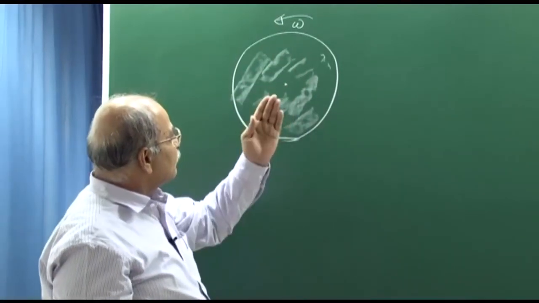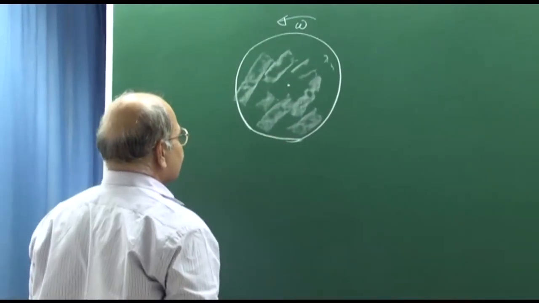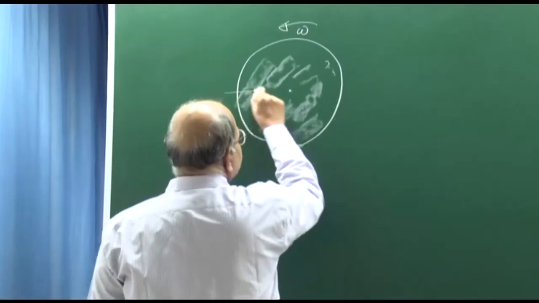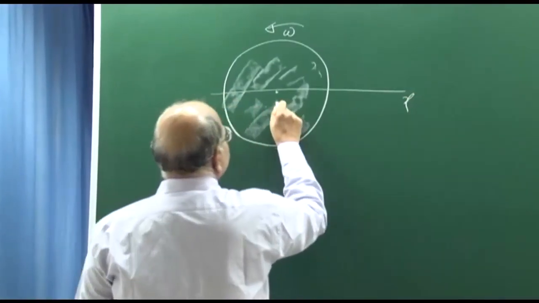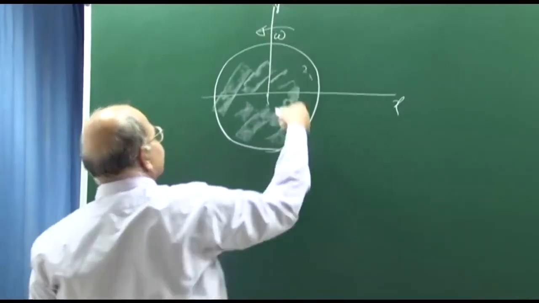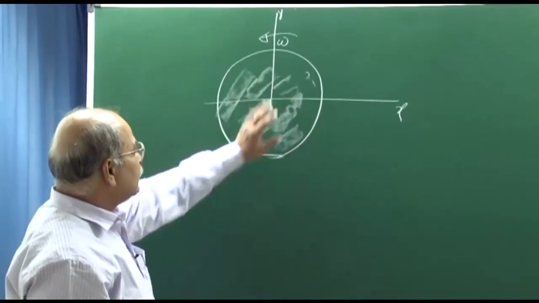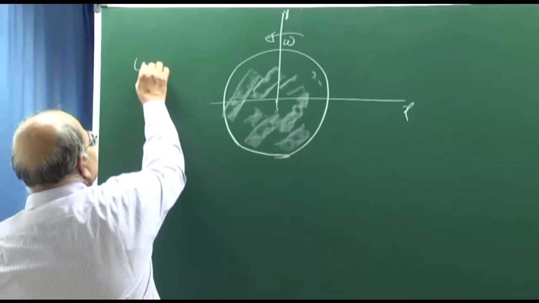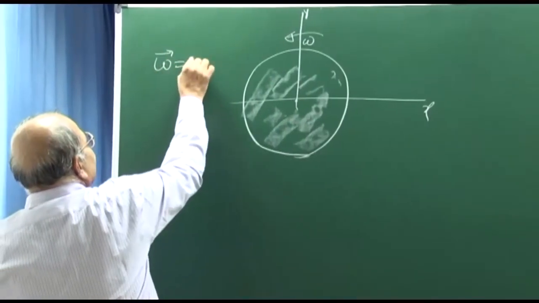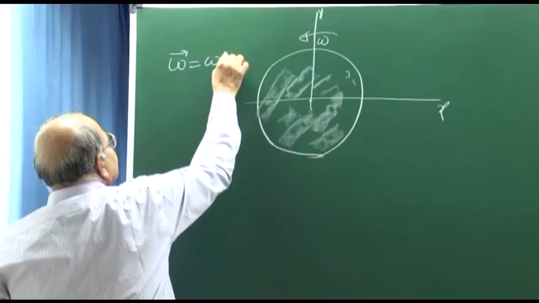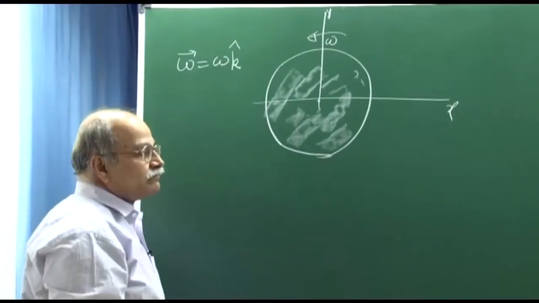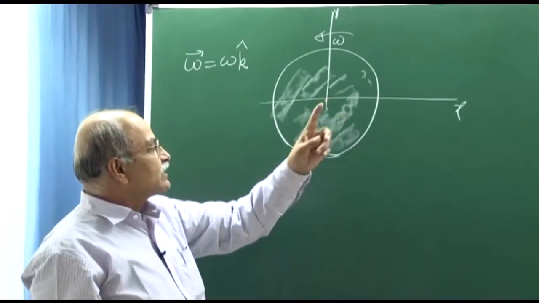You can take this as the x axis, then this as the y axis, and the z axis is away from this plane. So, the omega vector is omega in the k cap direction, and this is the axis of rotation.